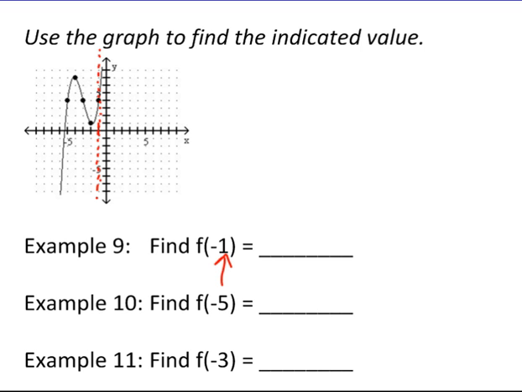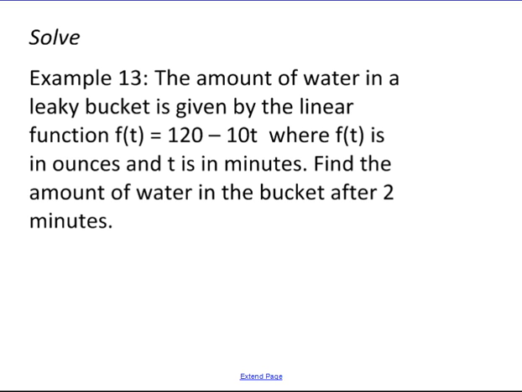My question is, what is the y value when the x is equal to negative 1? Well, I have a point right there. So what I'm looking for is the y value. 1, 2, 3. My y value is 4 when my x value is negative 1.